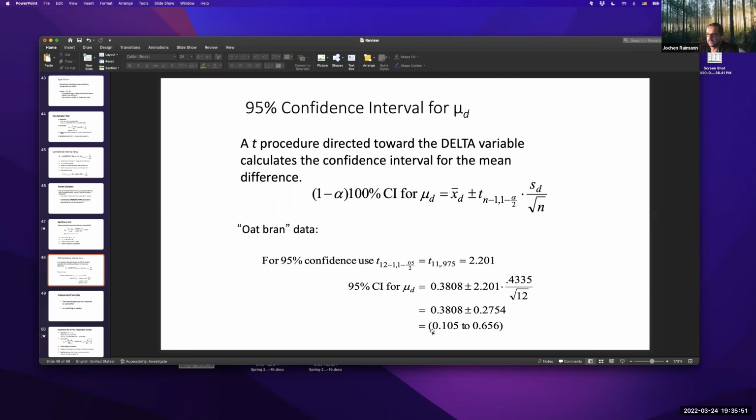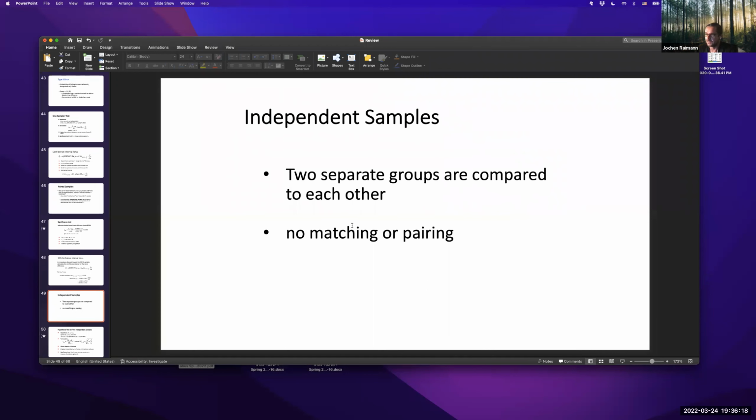That means that automatically, if both limits are greater than zero or both are smaller than zero, you have a significant difference, because the 95% confidence, where the 5% that is subtracted from 100%, is your alpha. So make sure that you recognize and understand the intersections between hypothesis testing and the 95% confidence interval. And with independent samples, you're comparing two separate groups.